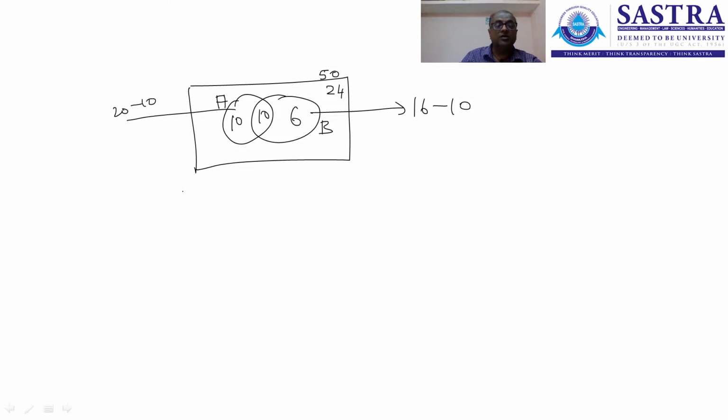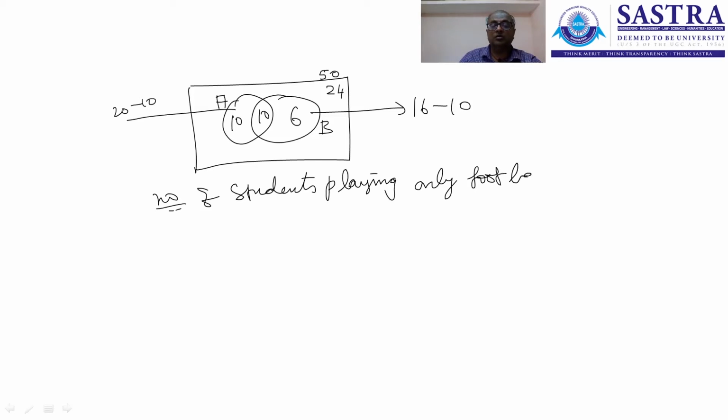So I can get the number of students playing only football from this, which is the cardinality of A only, which would be 10.